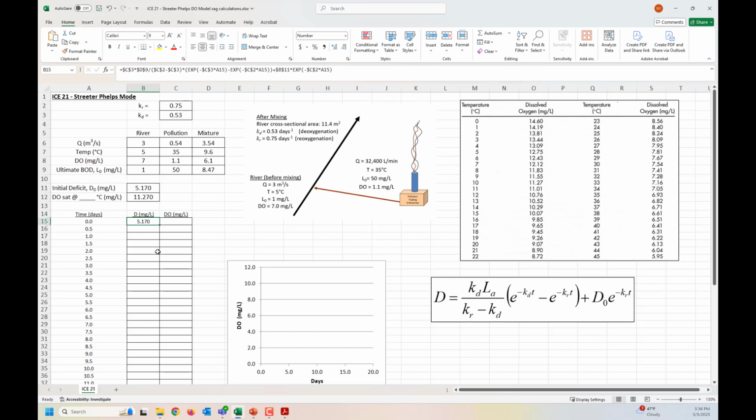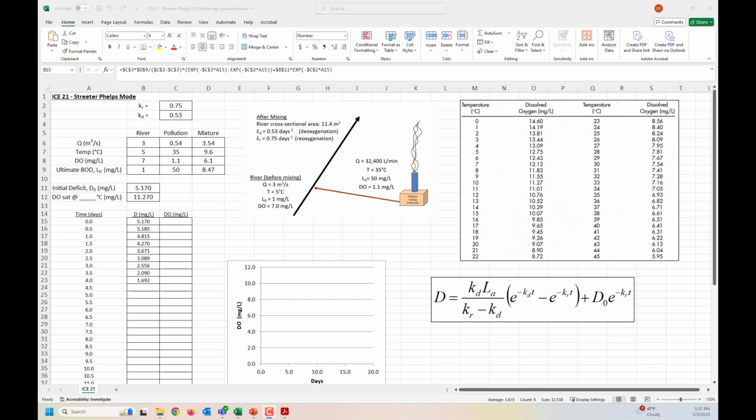As I drag this down, the deficit should grow. So if I drag it down through maybe 4 days, the deficit is not growing. And it's because my time is too big.